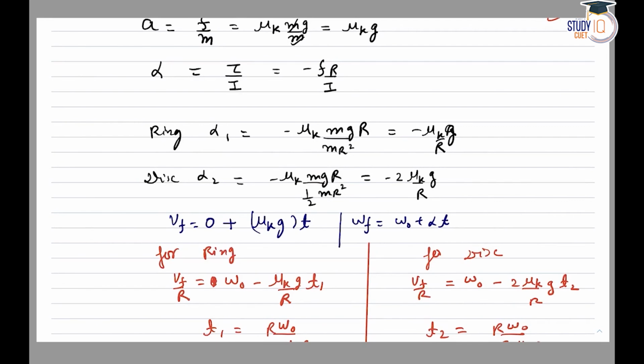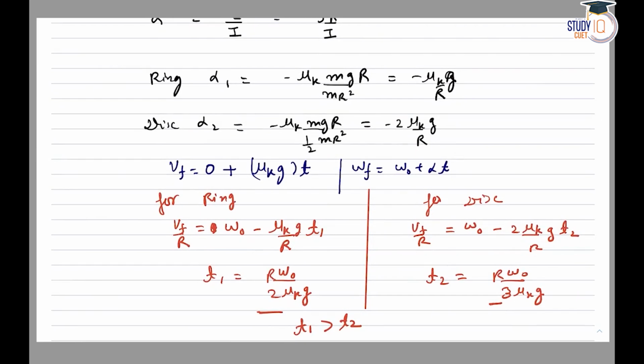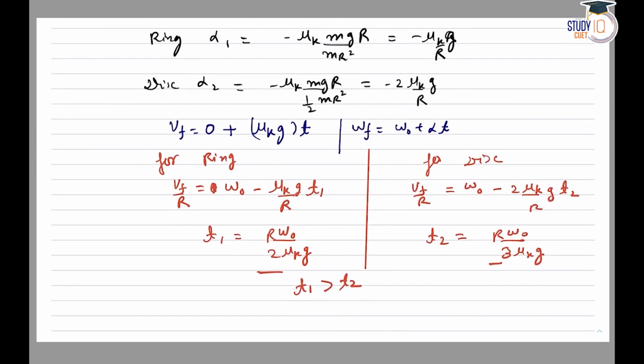So from the expressions, we can say that the value of T1 is greater than T2. It means the time taken by the ring to start pure rolling is more than that of the disk. So the ring will take more time for pure rolling.